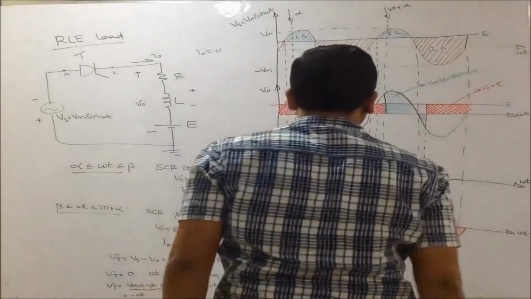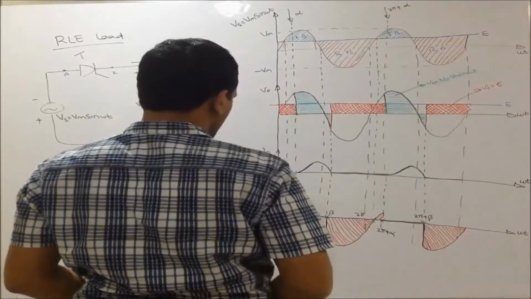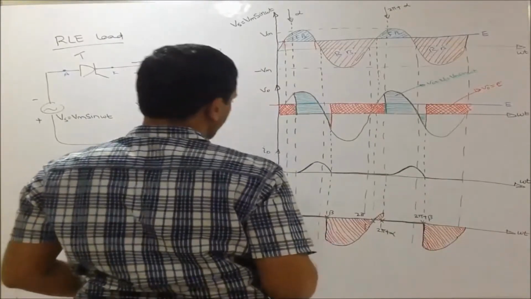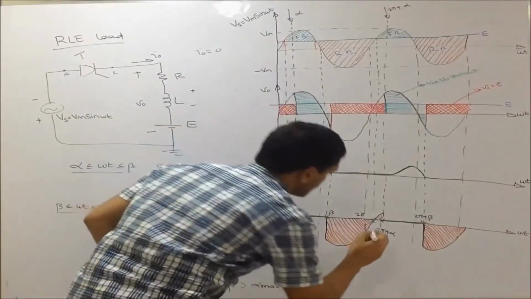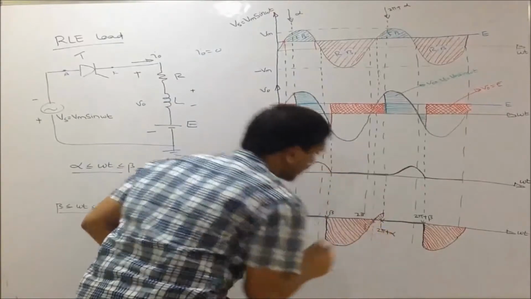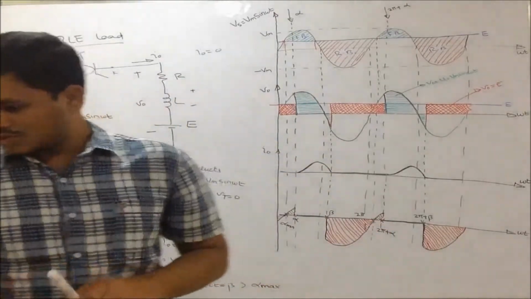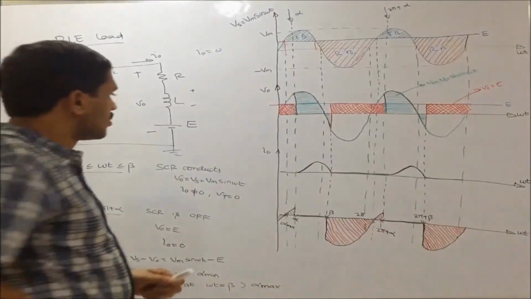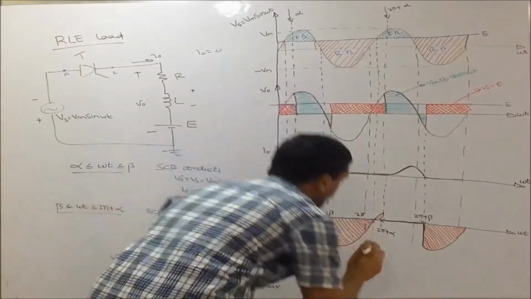This is what my waveform is. This corresponds to 2 pi plus alpha mu.